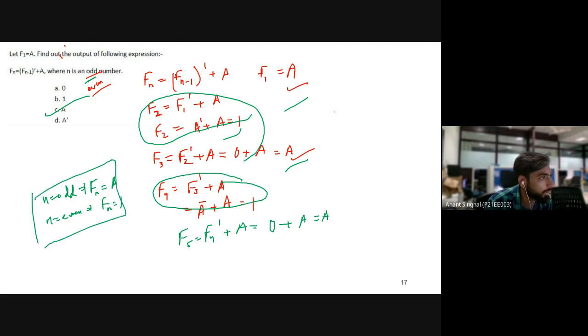So let me try to give you one more question similar to this. So if I take Fn as Fn minus 1 complement plus A complement. A complement is nothing but A dash. So can you tell me for n equals to odd and n equals to even, what will be the answer?